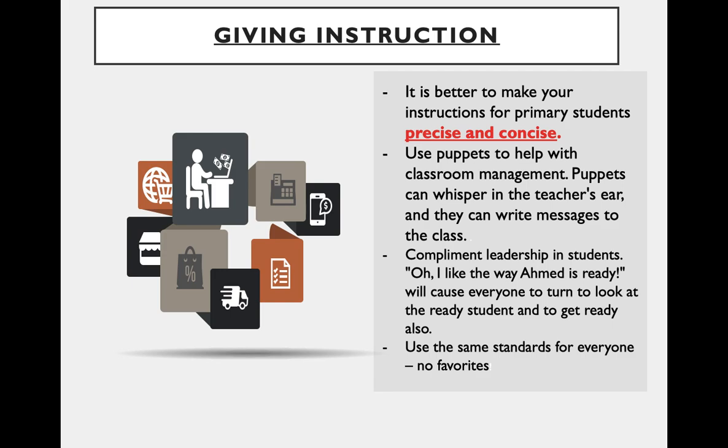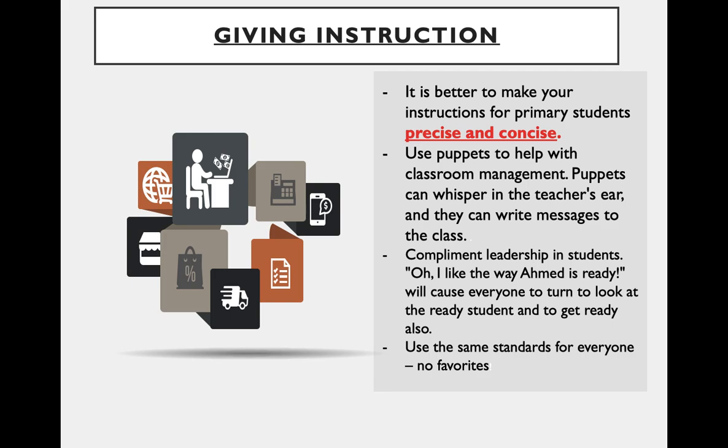Giving instructions. While talking about young learners, it is better to make your instructions for primary students precise and concise. Don't talk too much. Try to be very limited, specific, and to the point.